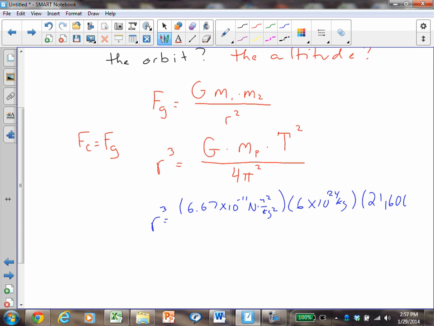Don't forget to square it. Now the 4 isn't squared, only the pi is. Isn't that the case? Yeah. So 6.6, use this one.